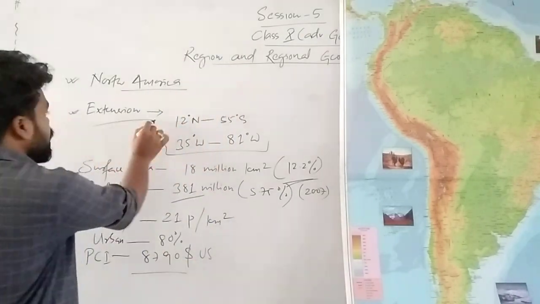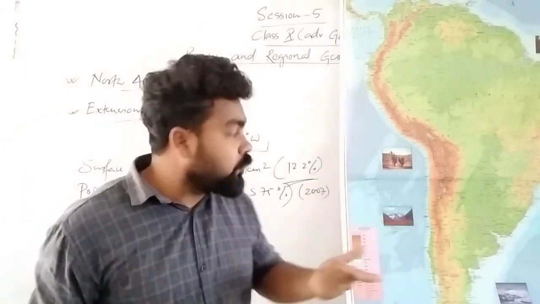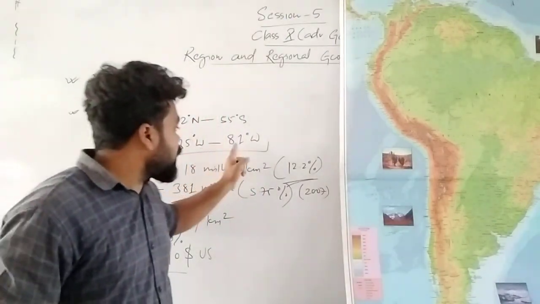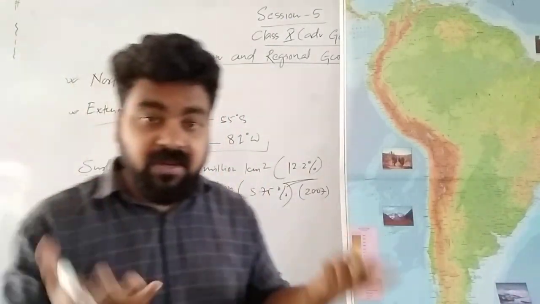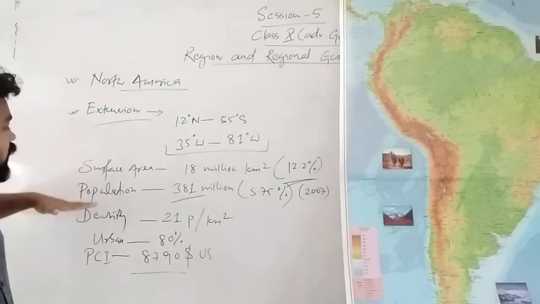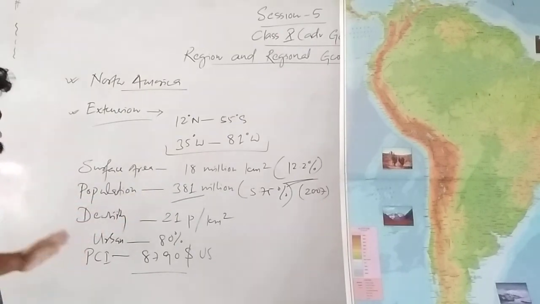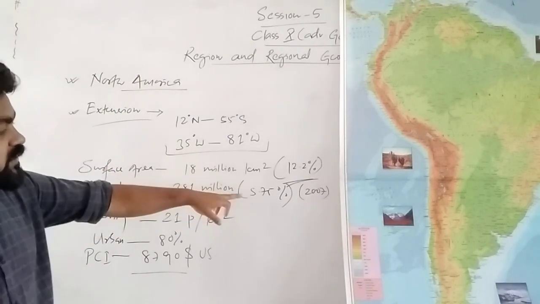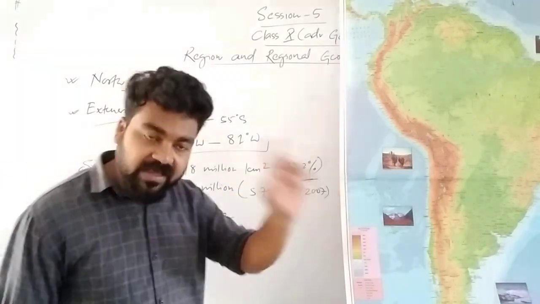Extension will come: 12 degree north to 55 degree south, then 35 degree west to 81 degree west. This is somewhat difficult to remember, but we still have to remember it. Surface area 18 million kilometer square, population 381 million, that is 5.75% according to the 2007 estimate.